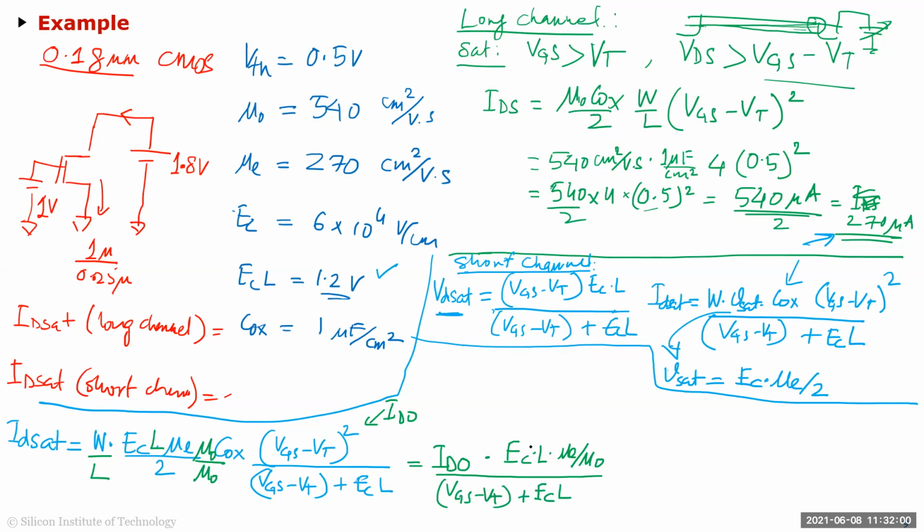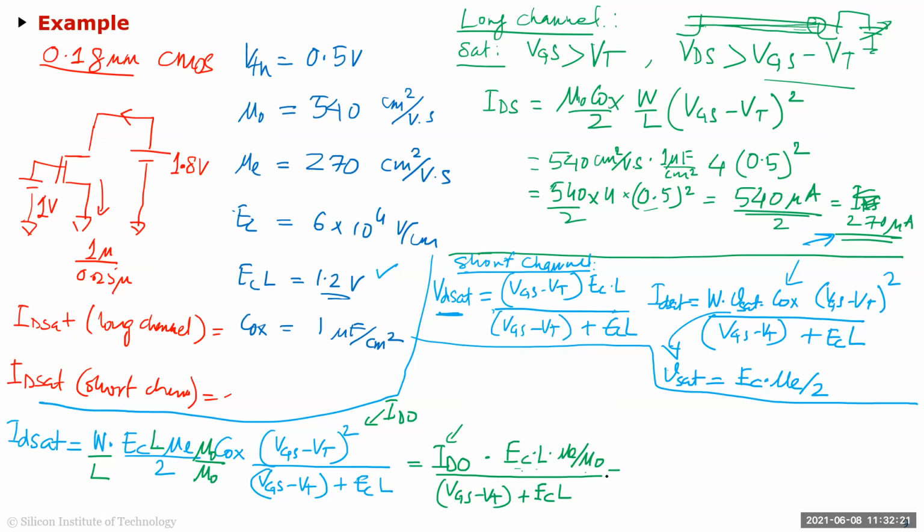Whenever you do this, just make sure all the units make sense. You want this to be in microamps, or amperes. So this is in microamp. Now you have a voltage here, and unitless here. You have voltage plus voltage, so the voltage units will cancel, and then you'll have microamp. So at least unit-wise, this makes sense.